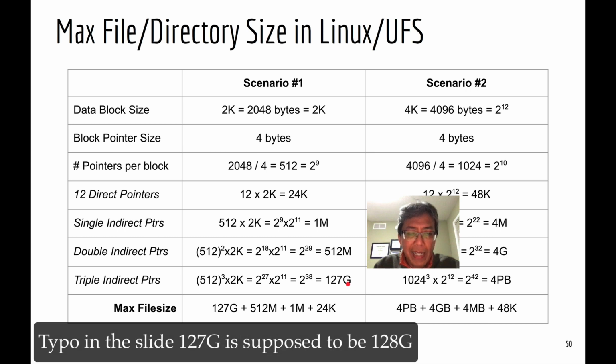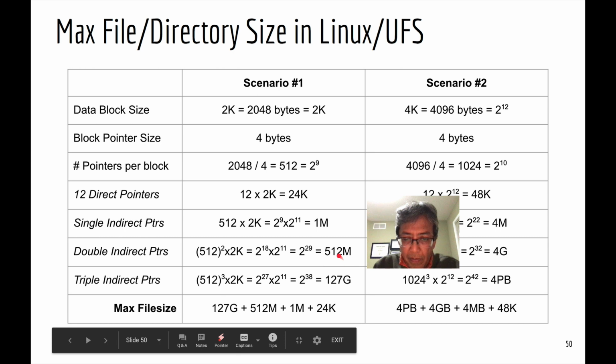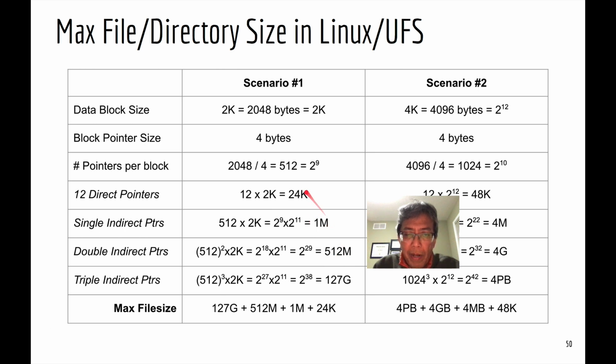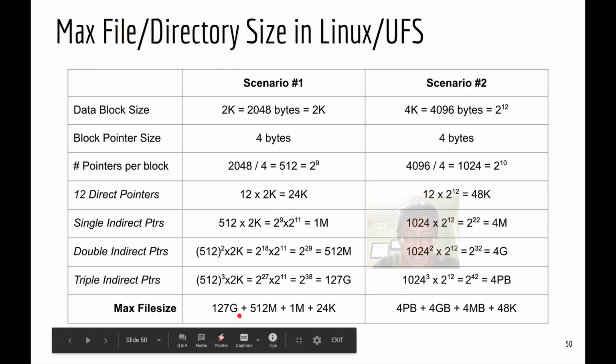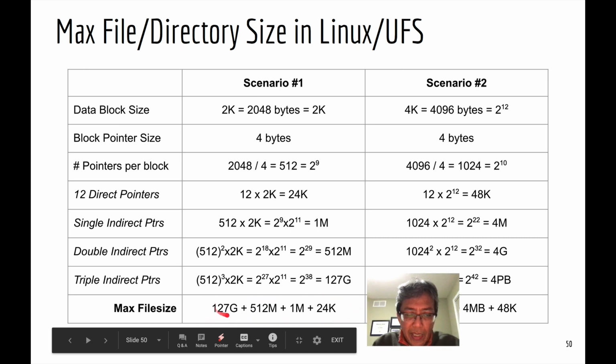So the total capacity will be 128 gig plus 512 meg plus 1 meg plus 24K. So this is the total size that you can create in a Unix file system when the block size is 2K and the pointer is a 4-byte pointer.